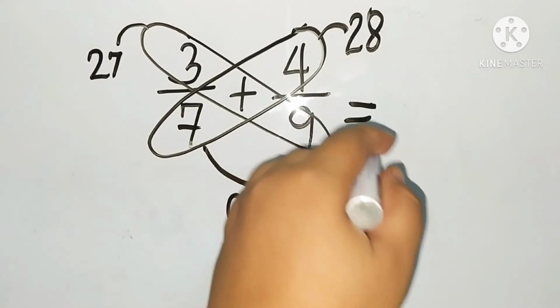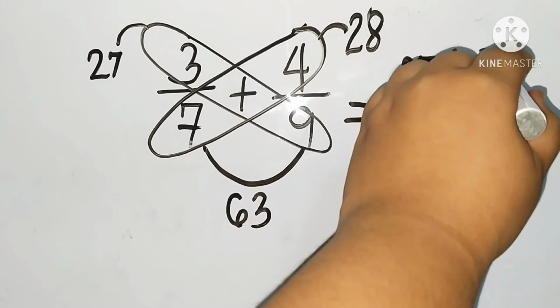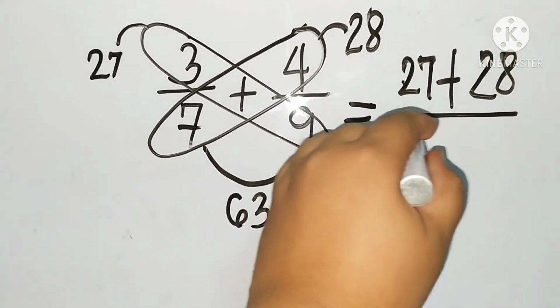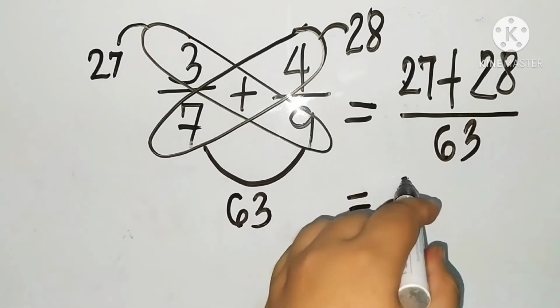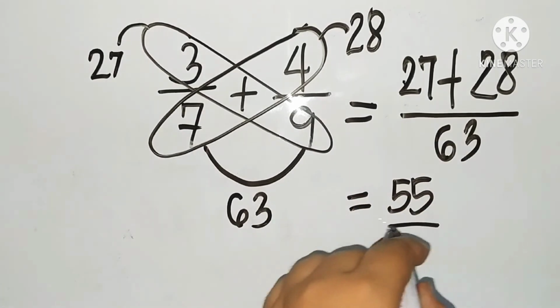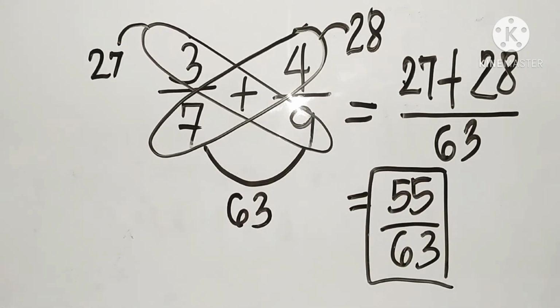Magiging 27 plus 28 over 63. And 27 plus 28 is 55 over 63. So, pareha lang sila ng sagot nung nauna. So, nakadepende na sa inyo kung ano yung gusto nyong gawin sa dalawa. Sa akin, kahit alin sa dalawa pa tinatanggap ko na para mas madali lang maintindihan.